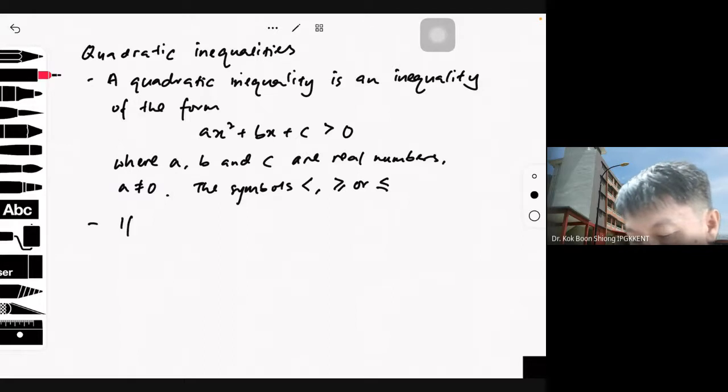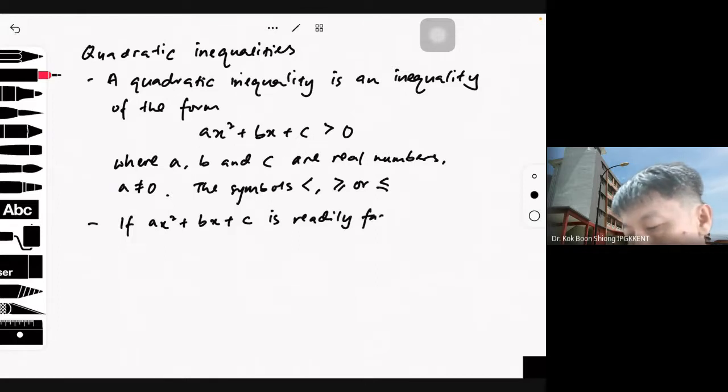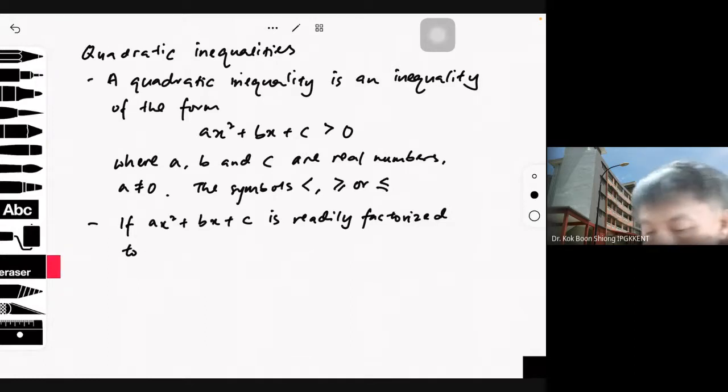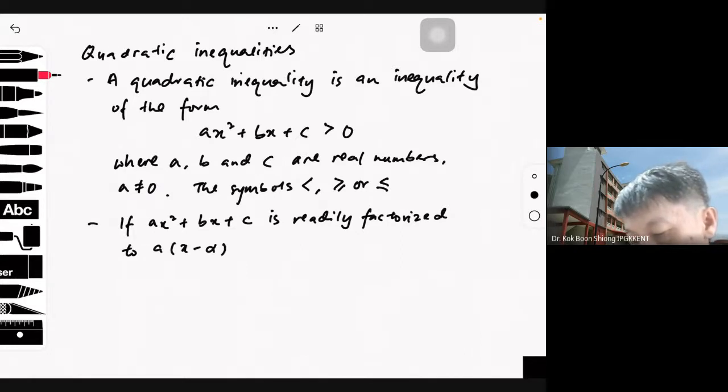Let's say ax squared plus bx plus c is able to factorize into two factors, x minus alpha and x minus beta.